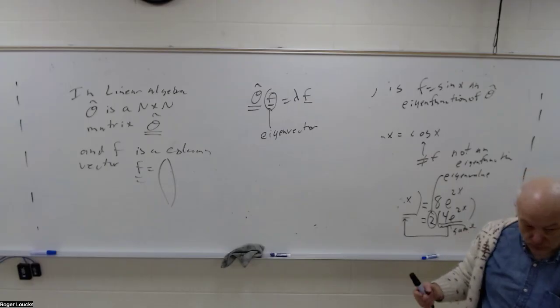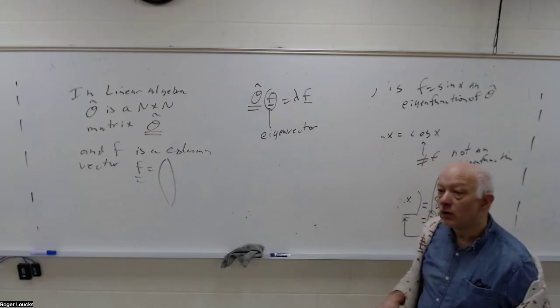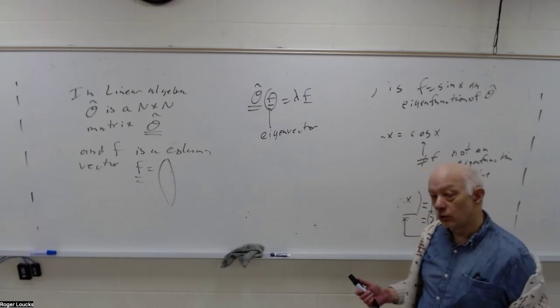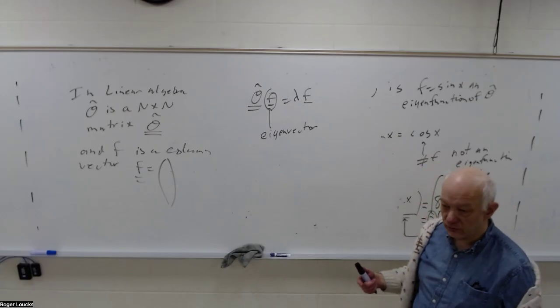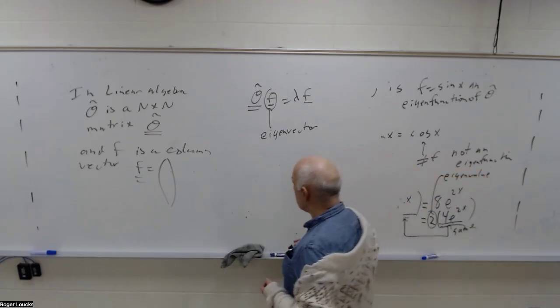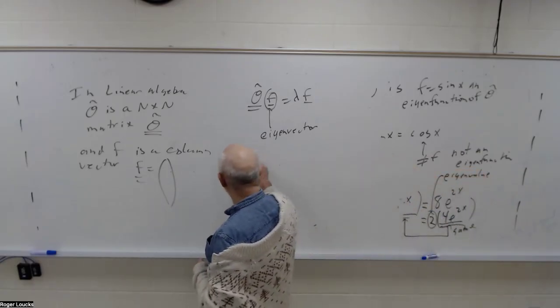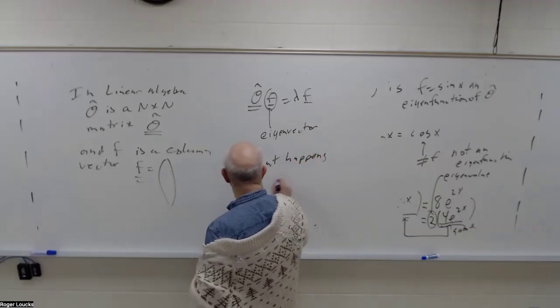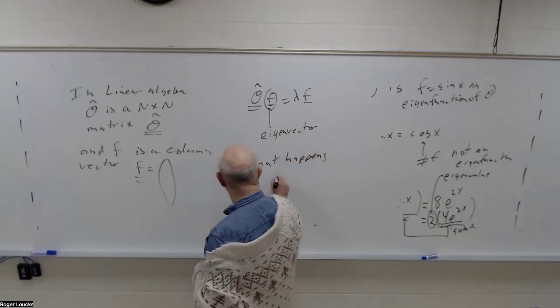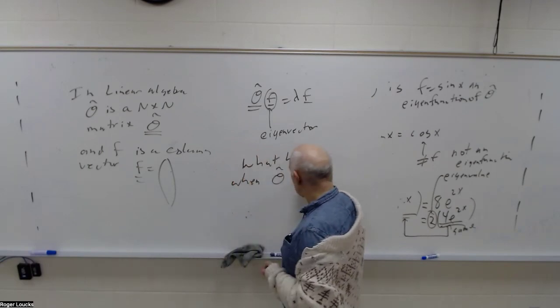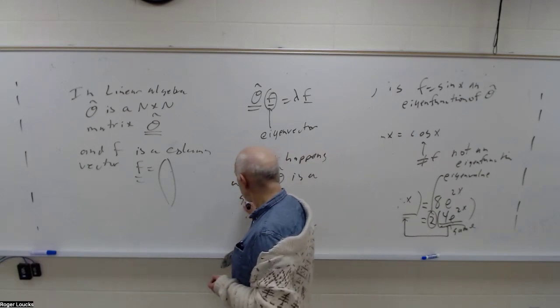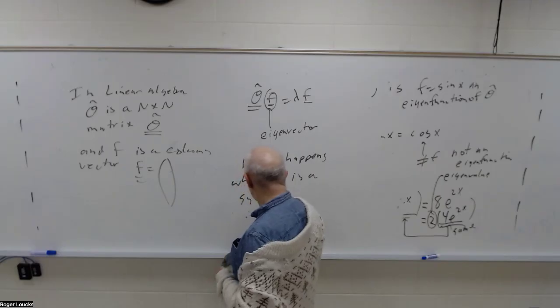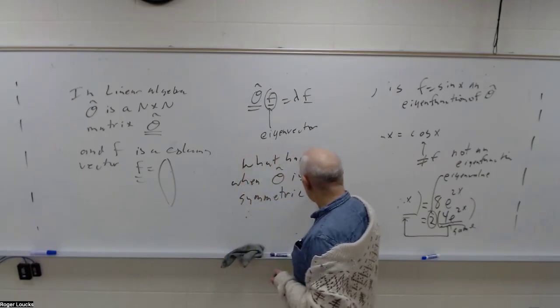This is what we want to show. This is actually going to be easy to show. Once you know how to do it, once you see enough of these proofs, it's always the same. So in our case, let's ask what happens when O is a symmetric matrix.